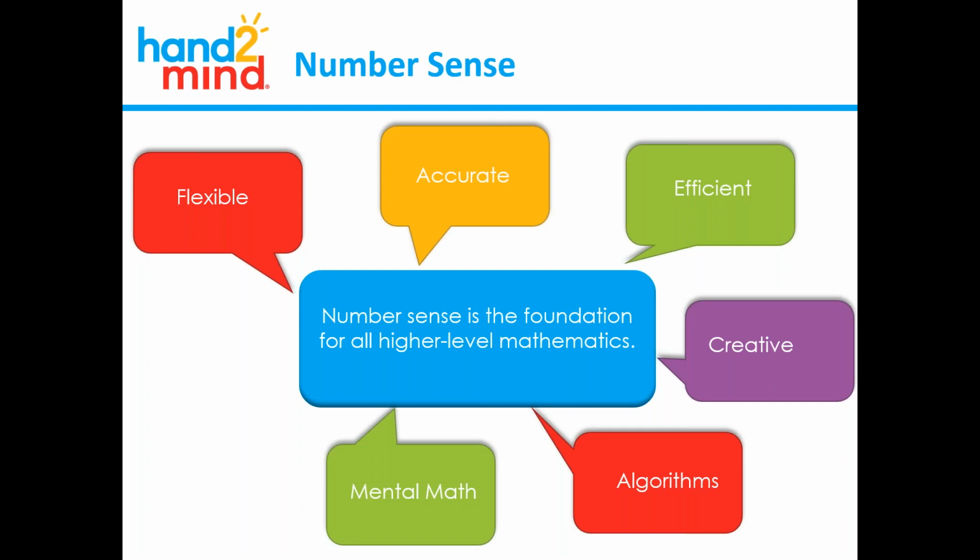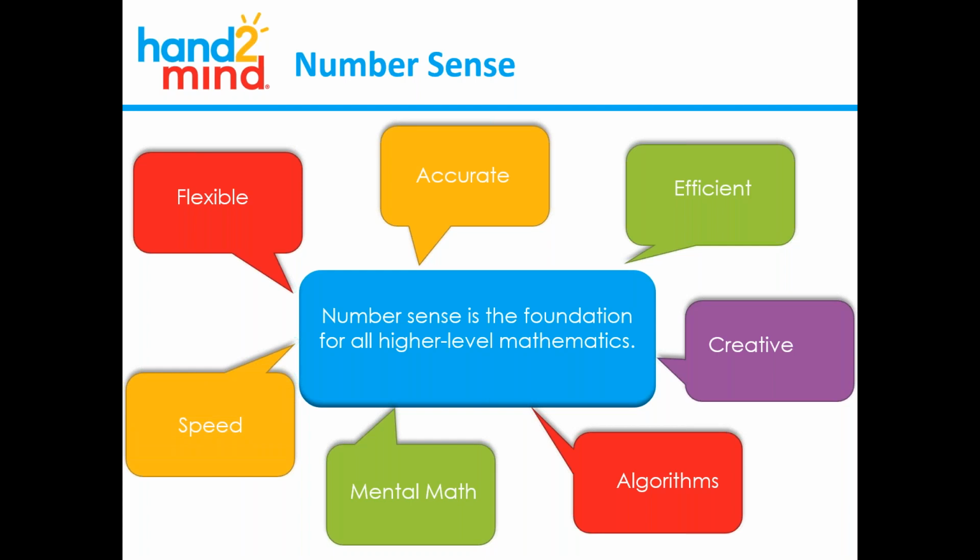Mental math. When we think about number sense and mental math, kids are able to use their head to reason about the numbers. That's what we mean by mental math. They're able to do math in their head and reason about it.